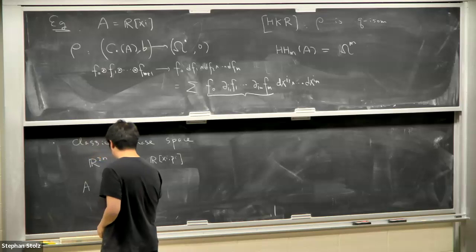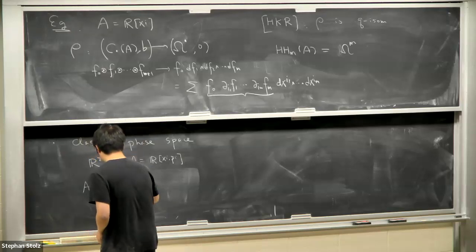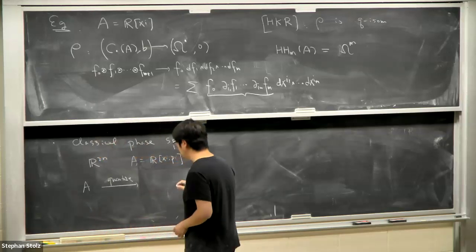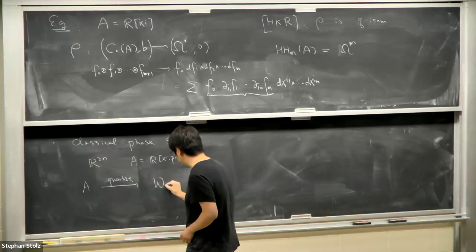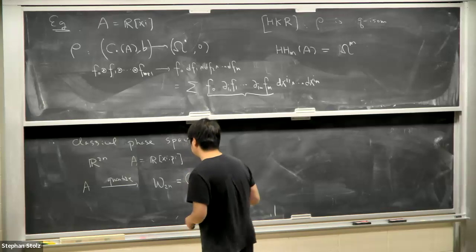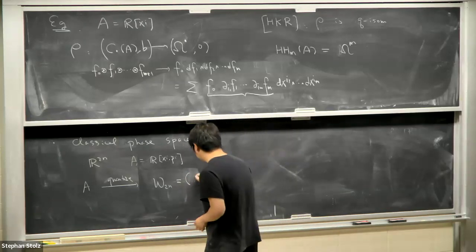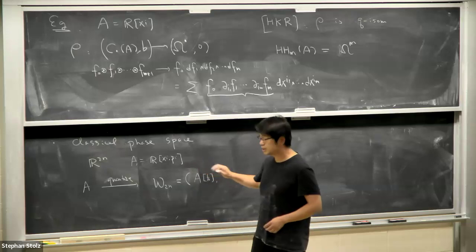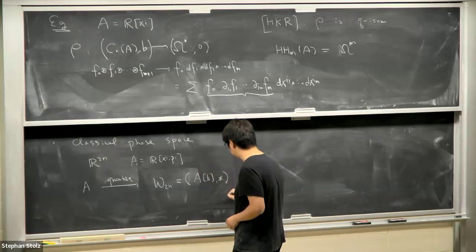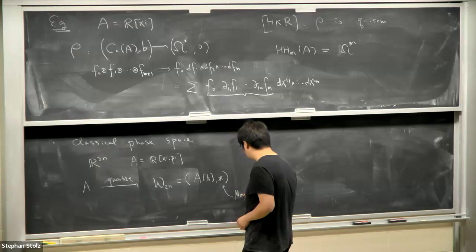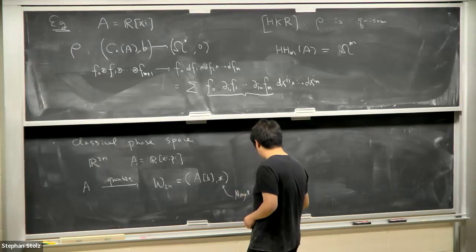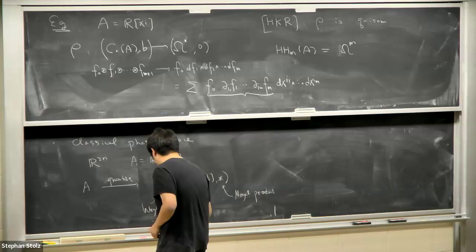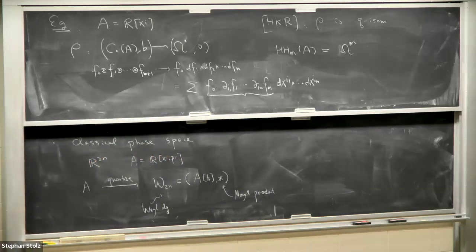You can deform, quantize, to the Weyl algebra, say in these two variables. I'm going to do a polynomial version. You can deform by a parameter h bar and deform the product by the Moyal product. And this is the Weyl algebra. That's a canonical quantization.